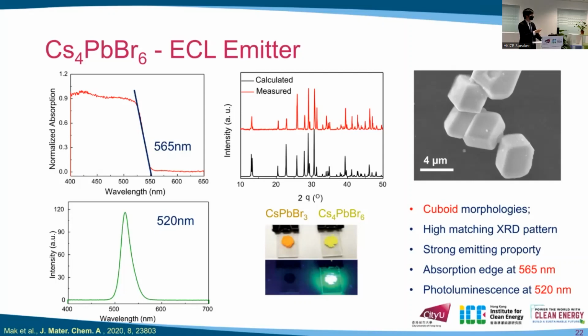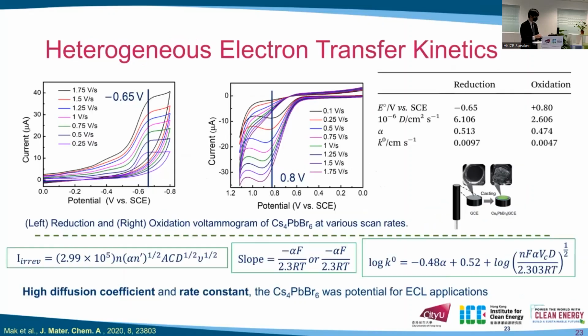And this is the brief characterization to prove that we have successfully synthesized this compound. We also do the heterogeneous electron transfer kinetics analysis, and we find that the diffusion coefficient and the rate constant are high in this complex, and therefore it is very good for application in ECL.